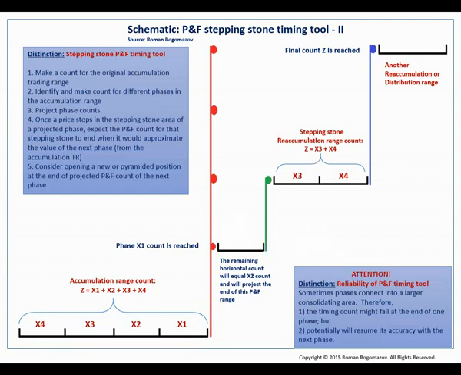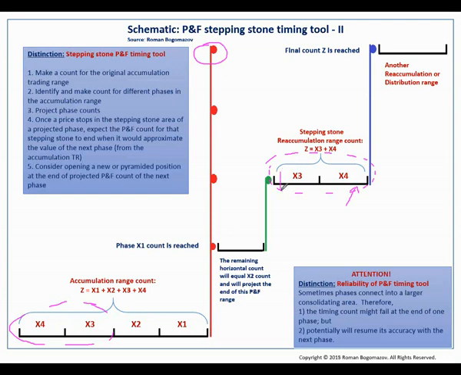But whenever we have a scenario where we have enough cause for the last two phases before the final objective is reached, and we are coming close to the end right here, we already know the final count.